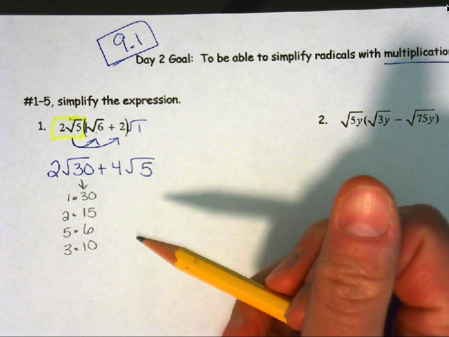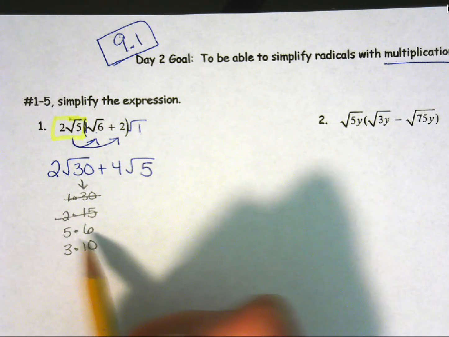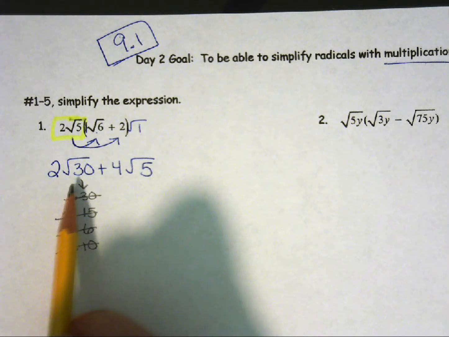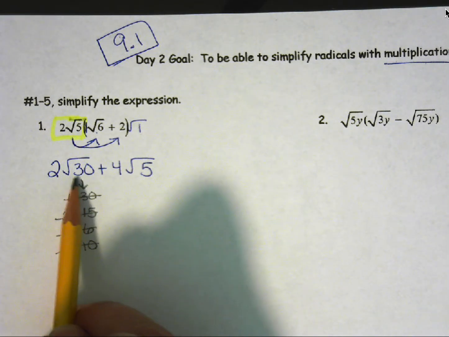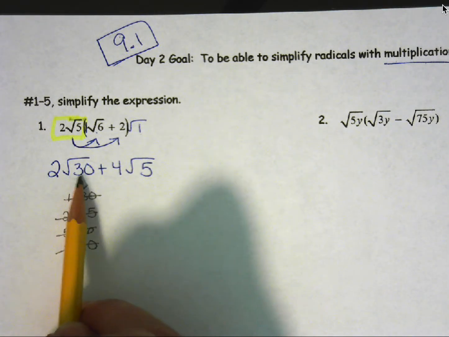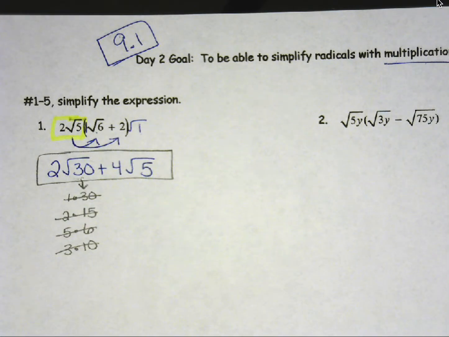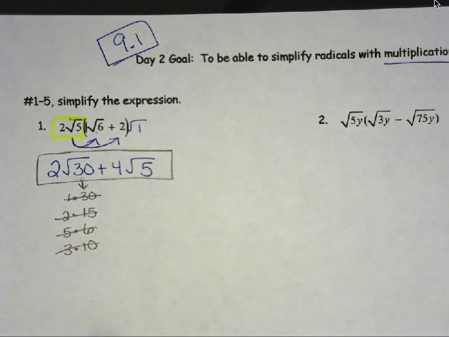So notice there's no perfect square in any of them. So this one is actually as low as it can go as well, okay? So this is called a composite, but it's not made up of any perfect squares. So this would be our final answer right there. And because these are not the same, we cannot combine them either. So that one is just simply done, okay?